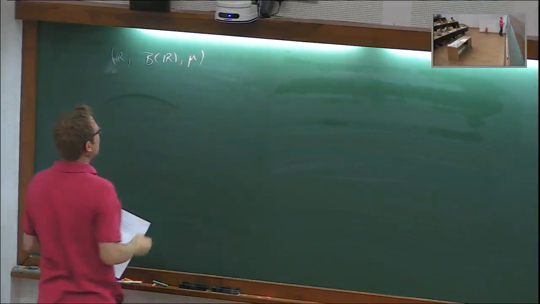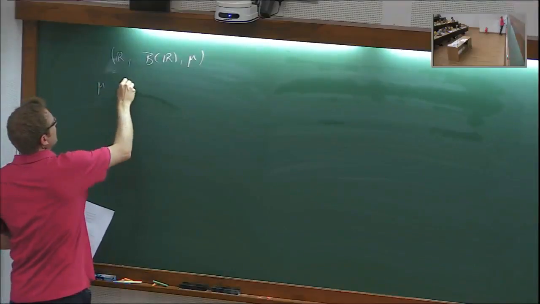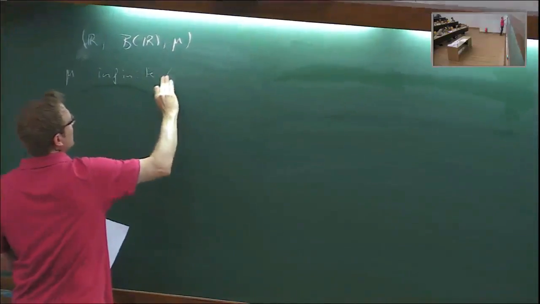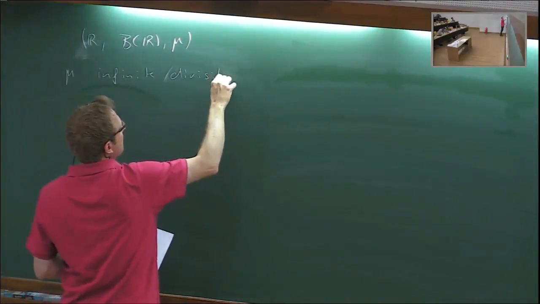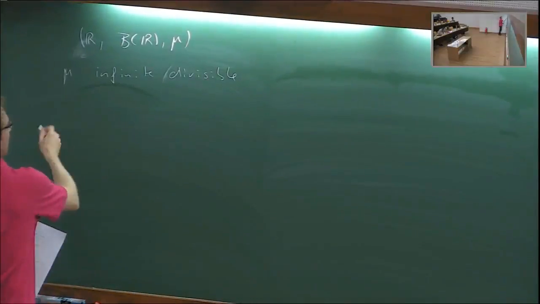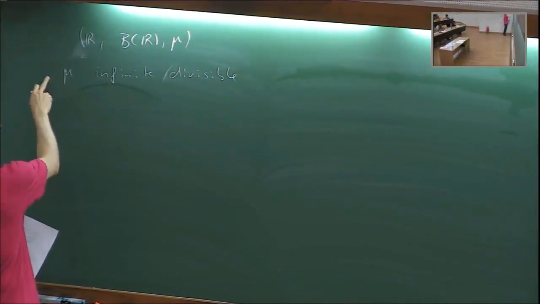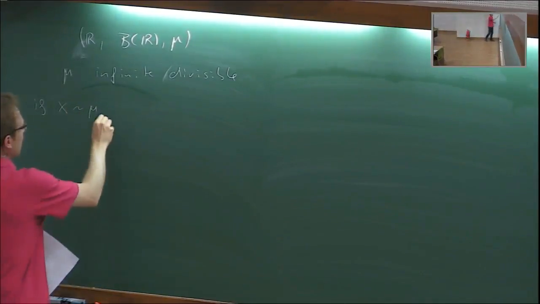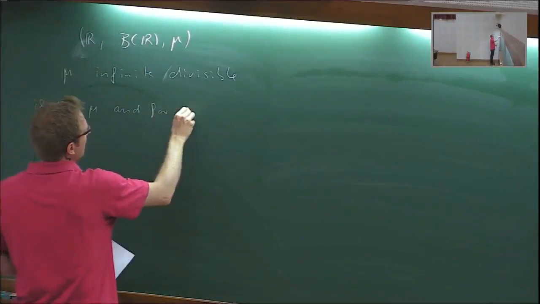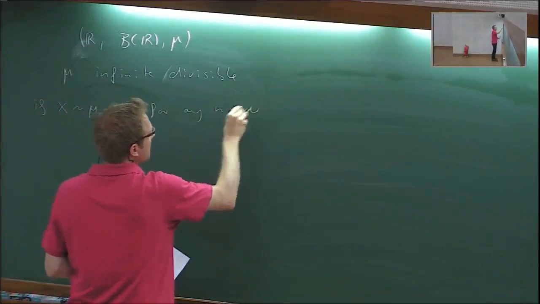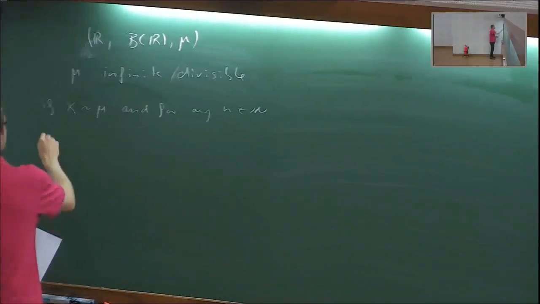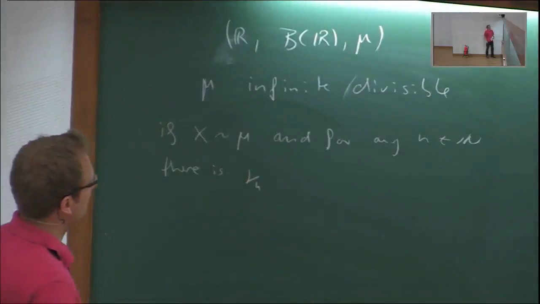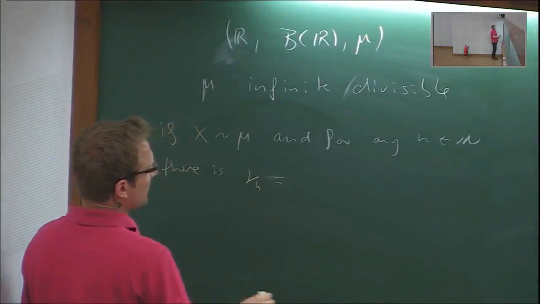And we have some probability measure, and mu is called infinitely divisible if for any n, so if we have a random variable which is distributed like mu, then for any n there is another distribution, a distribution nu n. We will call this the convolution root.